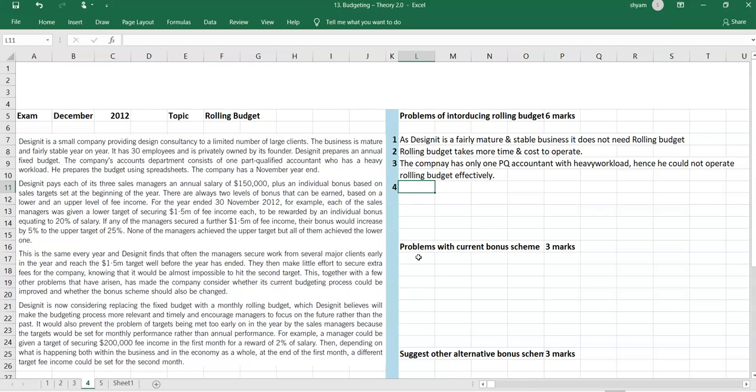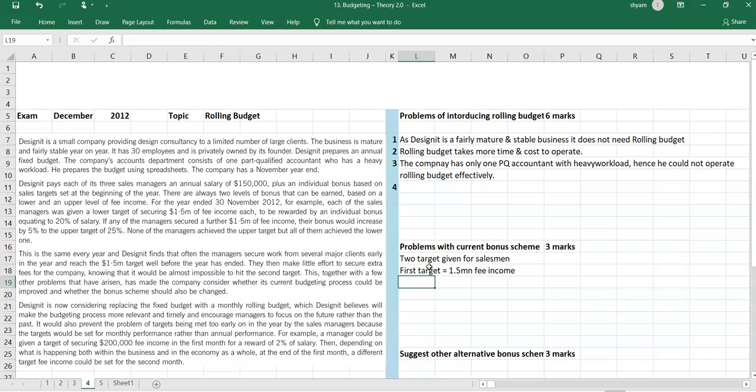Okay, so what are they telling us in terms of the current bonus scheme? What is the problem? The problem is there are 2 targets given for salesmen. One is the first target equal to 1.5 million fee income.